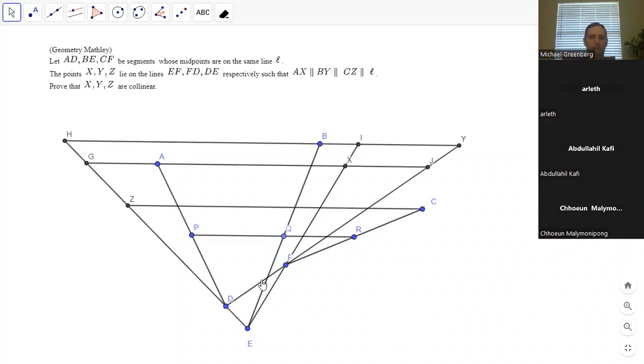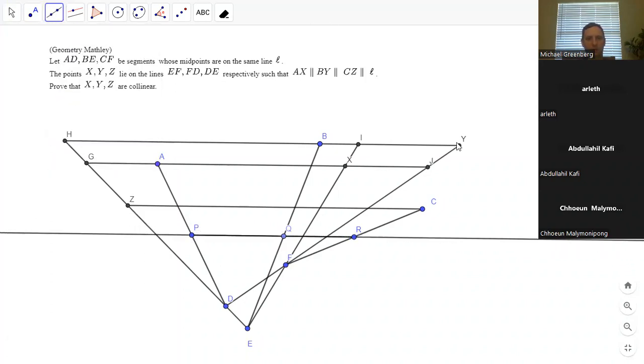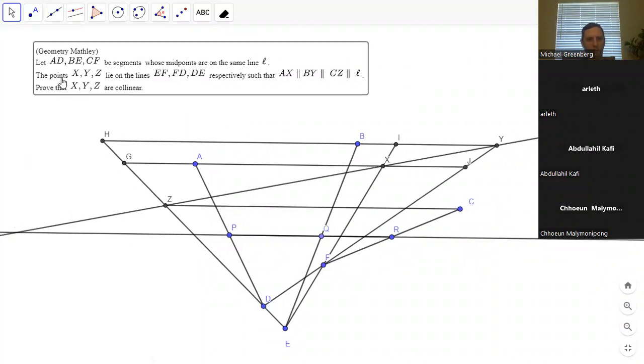What do we know about that? Yeah, that's such a weird problem. I don't know if it could like form parallelograms or something. Let's draw this whole line. Draw this line. We don't know this line. We don't know they're collinear yet, but if they were, then we'd have like this point right here.